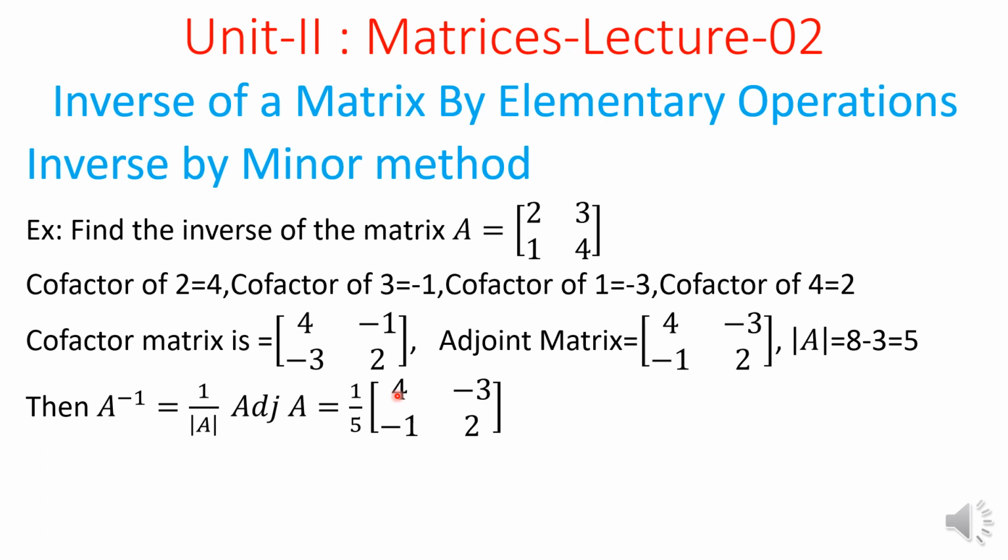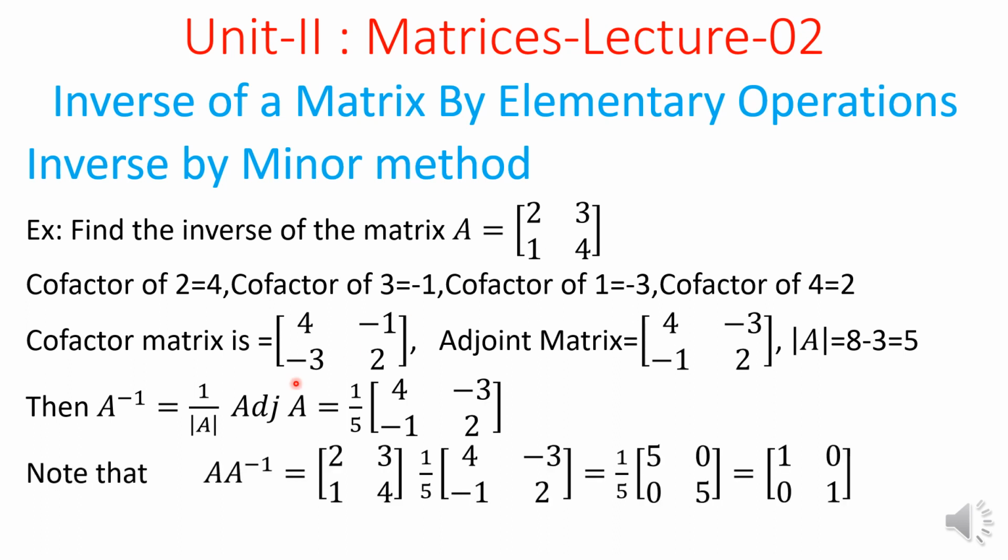But how do you make sure that this matrix is the inverse of the given matrix A? You remember, to say that one is the inverse of the other, you multiply those two matrices, and you must get the identity matrix.